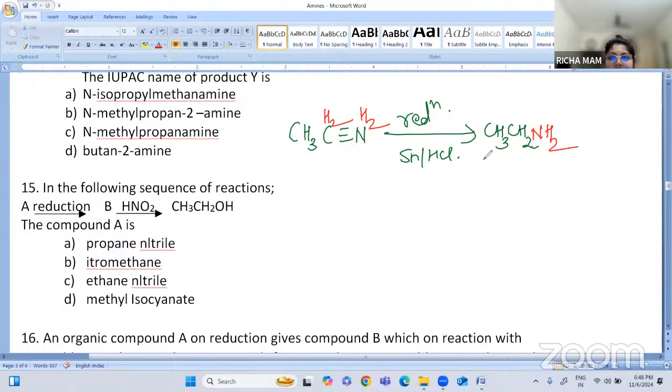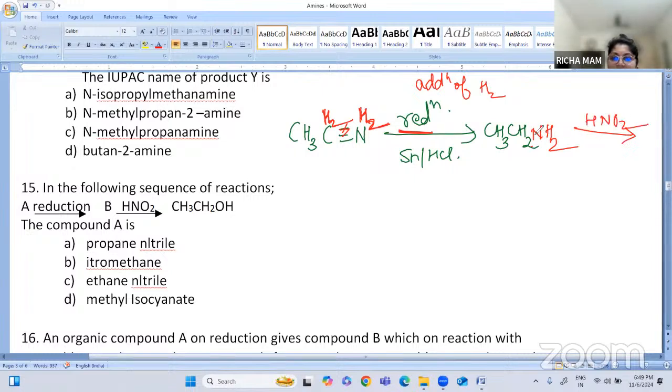Reduction is addition of hydrogen. So hydrogen will be added on carbon after removing these two double bonds. I'm going to get CH3, CH2, NH2.